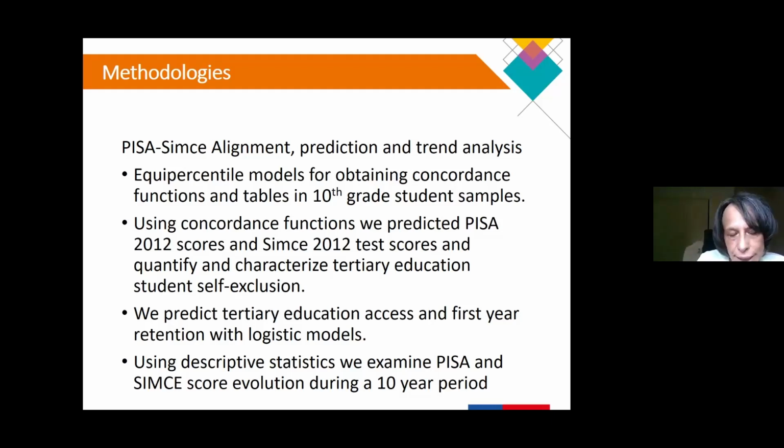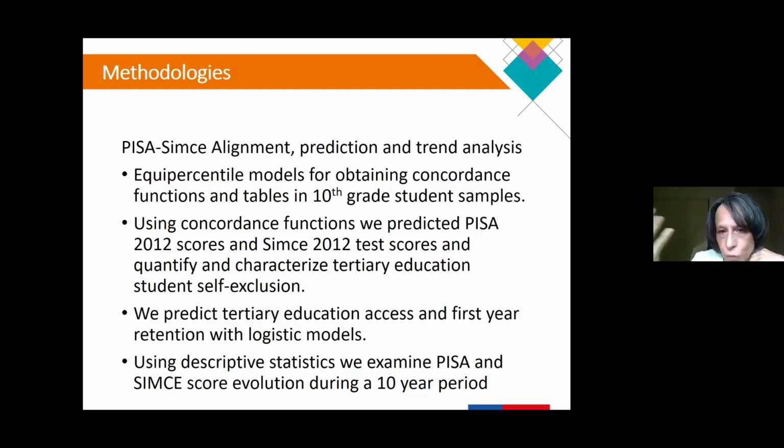We participate in those years with a national option in PISA that sampled a 10th grade student sample, not only the 15 year olds of the international sample, let's say the regular PISA sample. In addition to that, we sample a 10th grade student sample, so it's comparable with our 10th grade SIMSE test. And we use concordance functions.